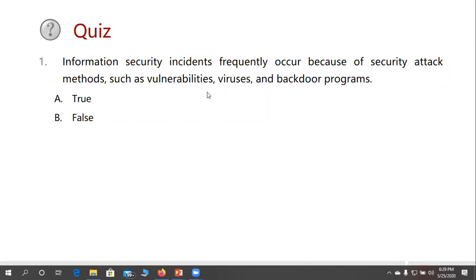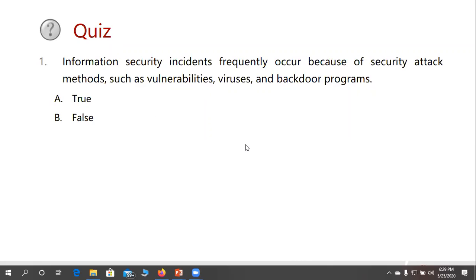So you can see here that these are not the only methods. They are a lot. Therefore, the answer here is what? 4. So make sure that you read the question and understand the question.